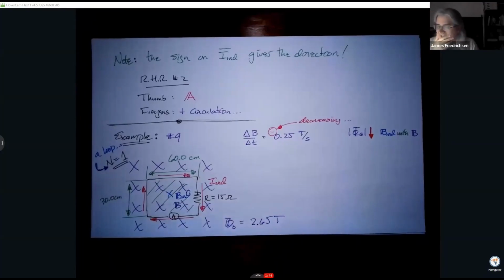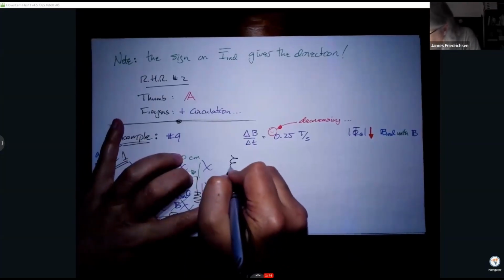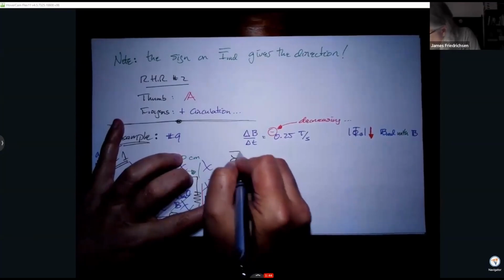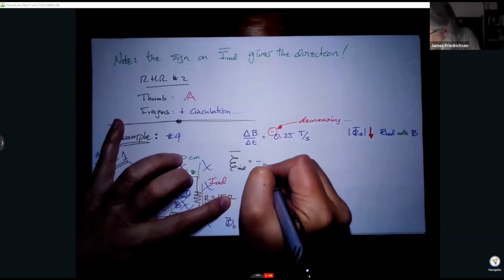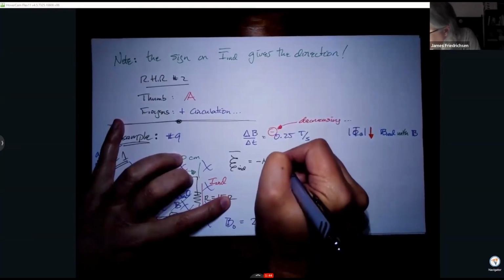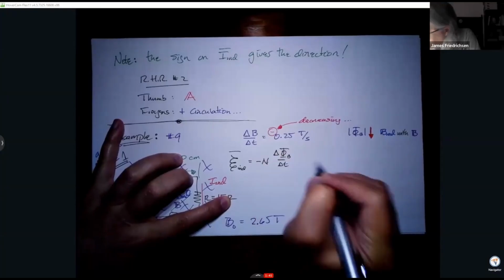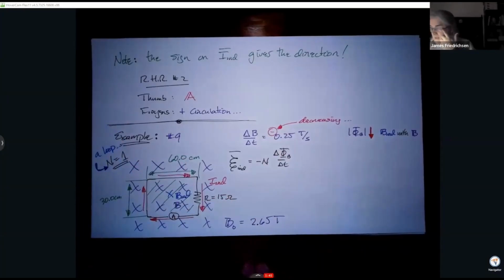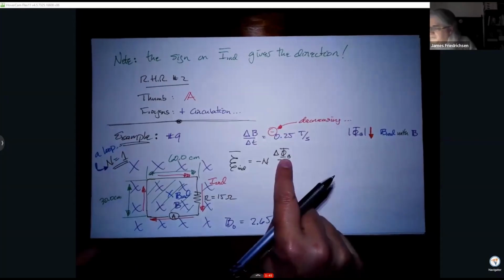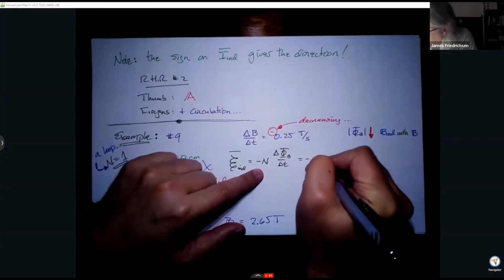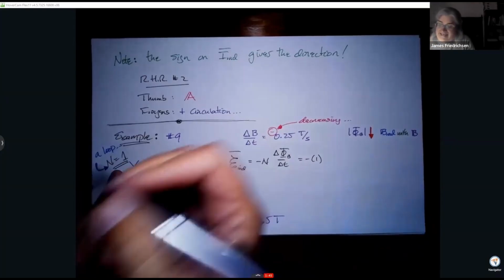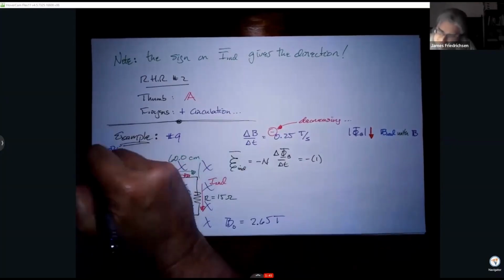And so when we go to calculate this, then in Faraday's law, the average induced EMF is minus N times the change in the magnetic flux over the change in time. The way this goes is we plug in for our flux. So this is going to be minus 1 because it's a loop, or a circuit I think is the way they said it.